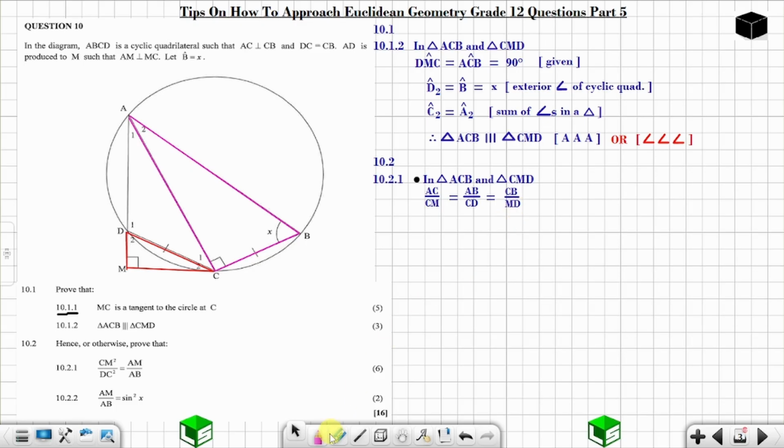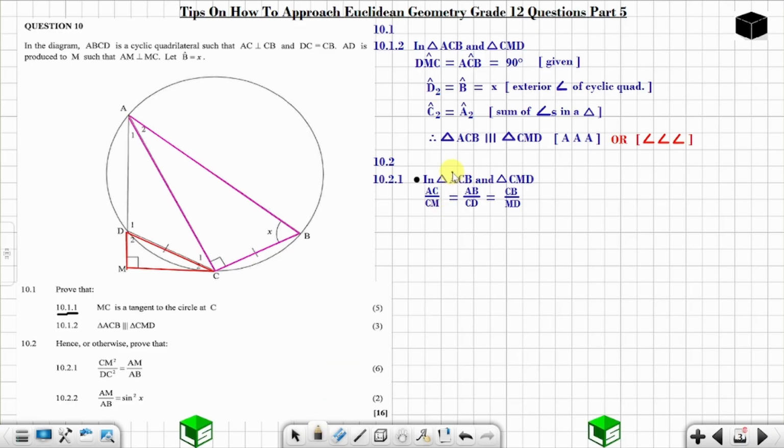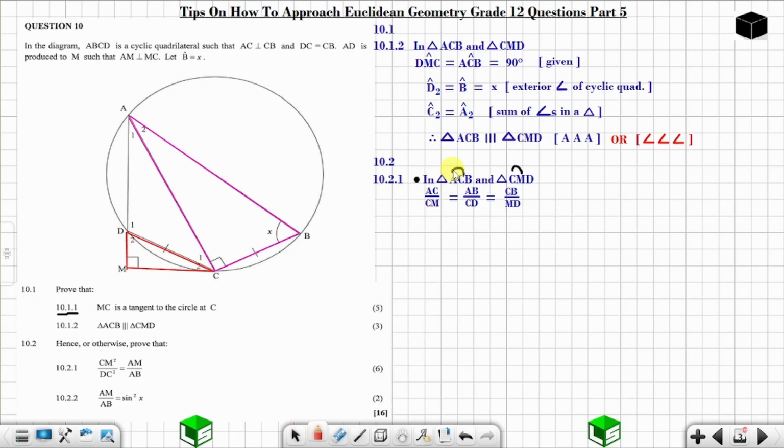Okay, so let me show you the way to do it. You have first and second letter in this triangle over first and second letter in another triangle: AC over CM. Equal to, now you have first and third letter over first and third letter: AB over CD.